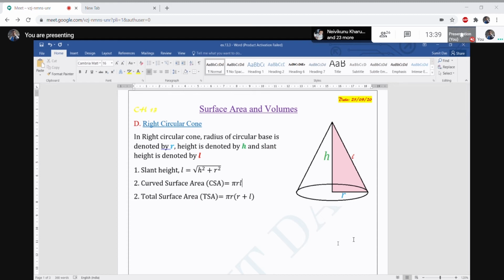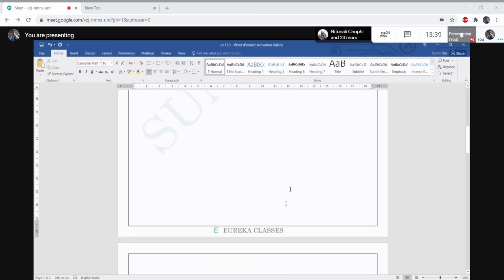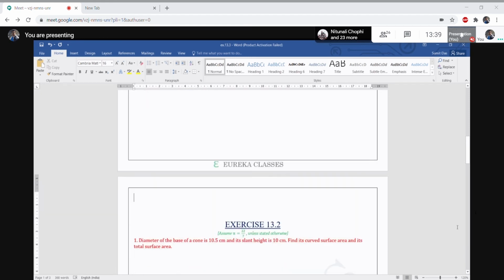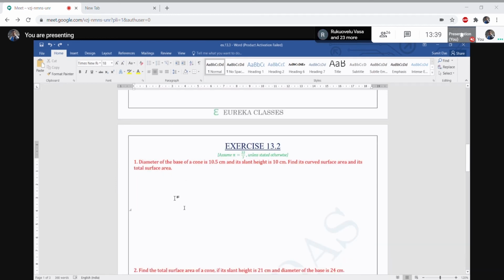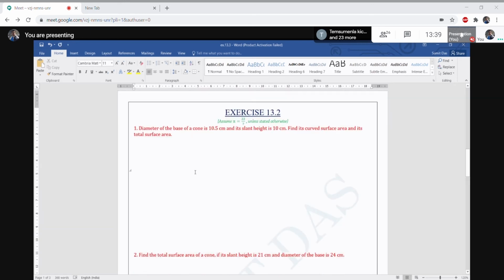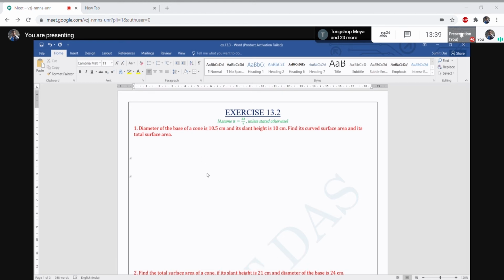So the first question is saying that the diameter of the base of a cone is 10.5 centimeter and slant height is 10. Let me give you the diagram also.